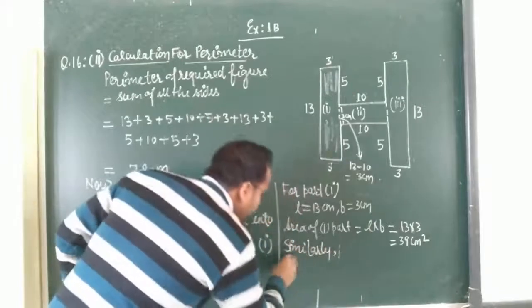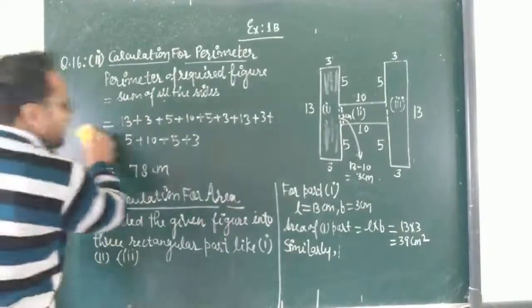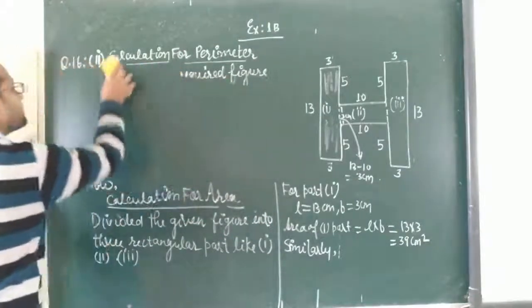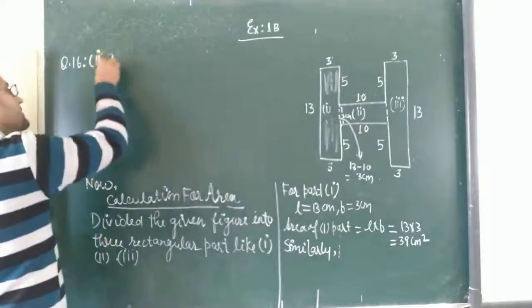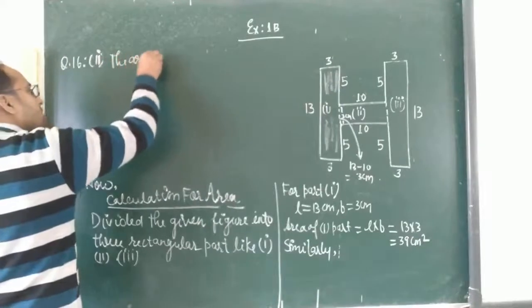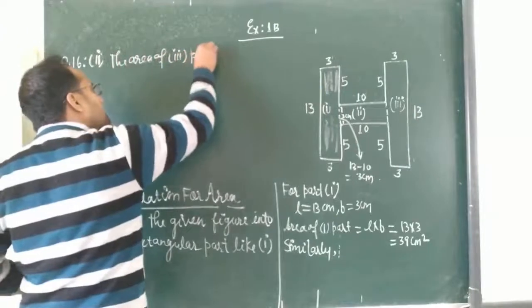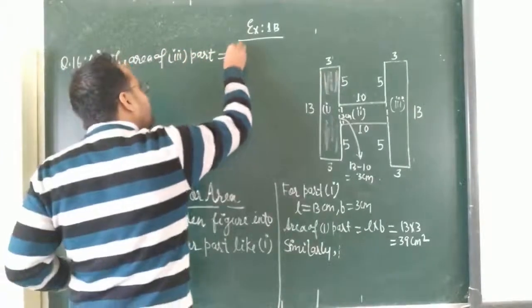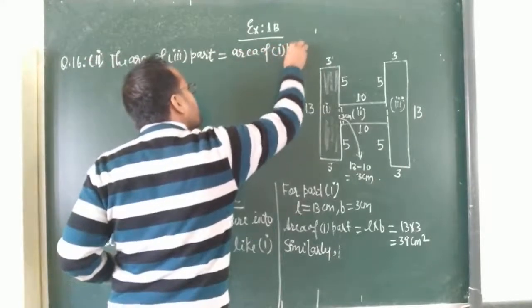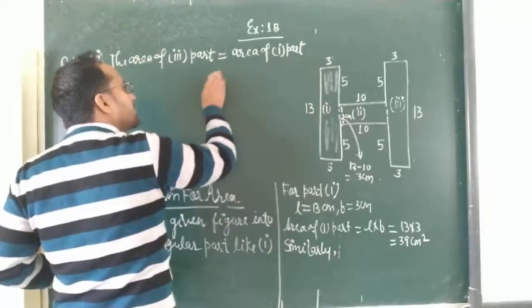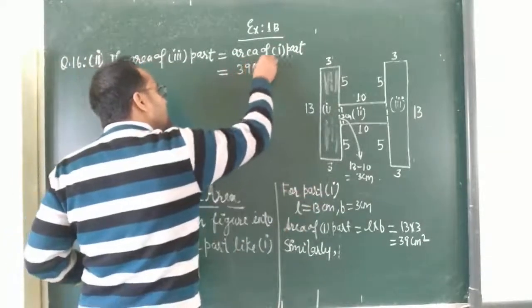Similarly, the area of the third part is equal to the area of the first part, which is 90 centimeter square.